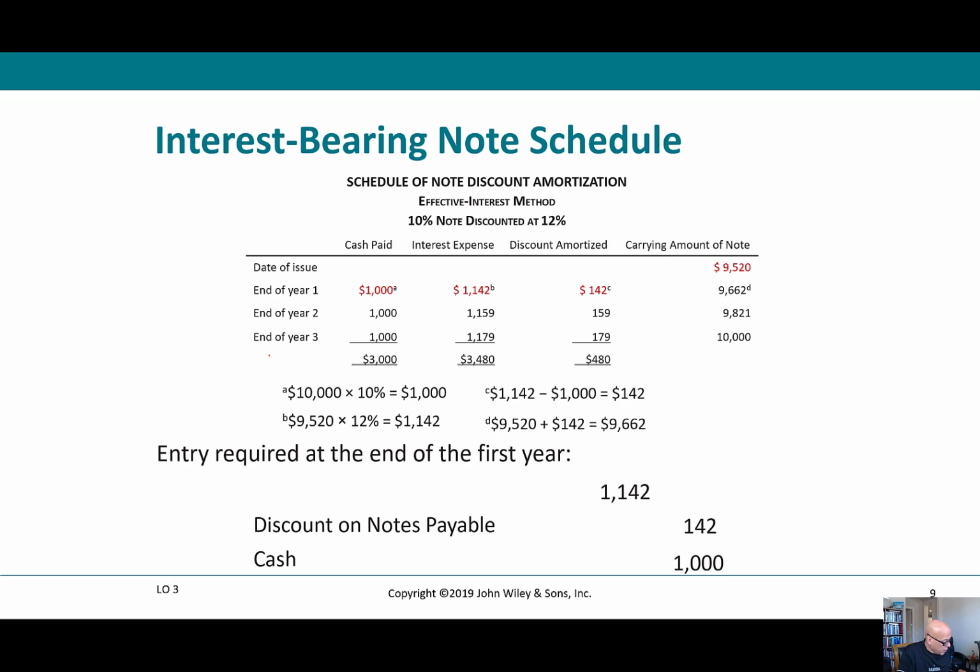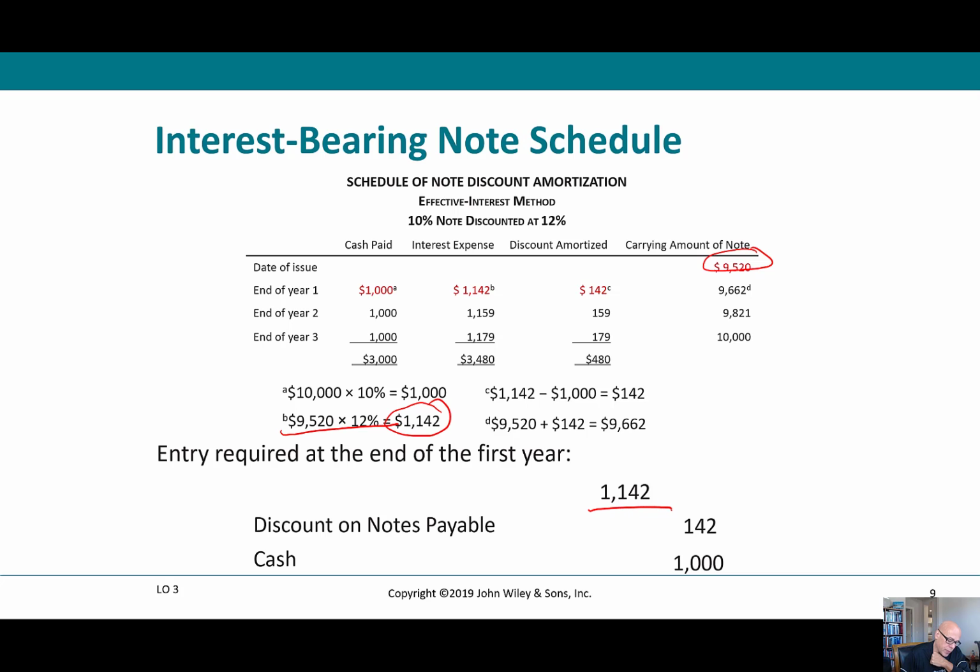Take a look here, I have a similar table, and notice that they take the 9,520, that's the carrying amount of the note, guys, face minus the discount. I'm not going to show you the balance sheet again, same as the other note. Times 12% gives me the interest expense of 1,142.